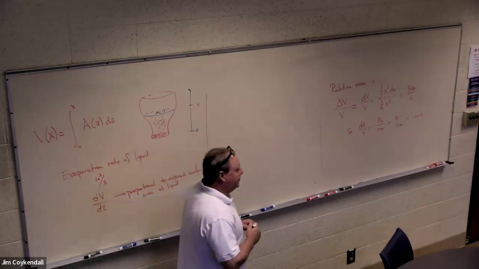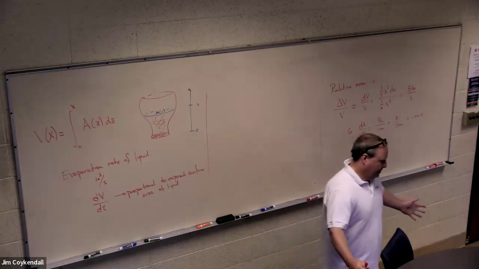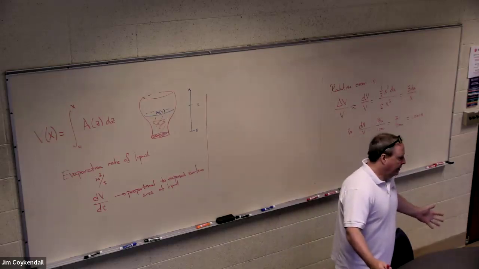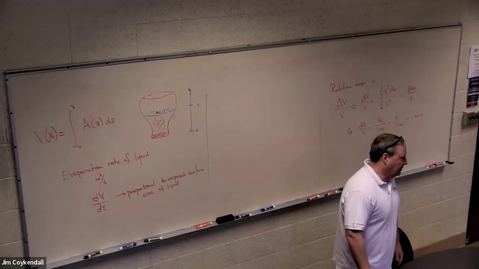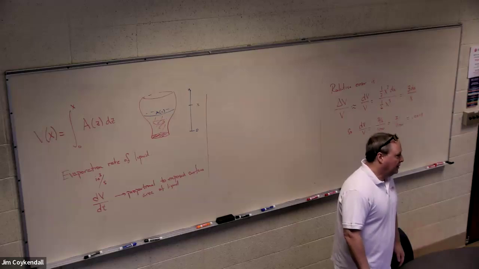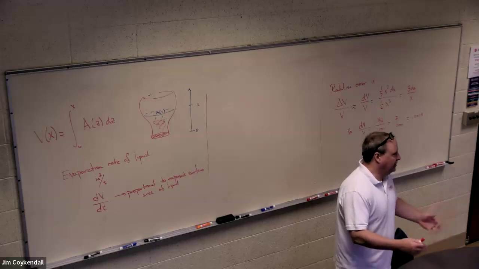This is almost like common sense. There's going to be a lot more water evaporating off of Lake Michigan than Lake Hartwell, because Lake Michigan has a much larger area. There's a lot of area evaporating.